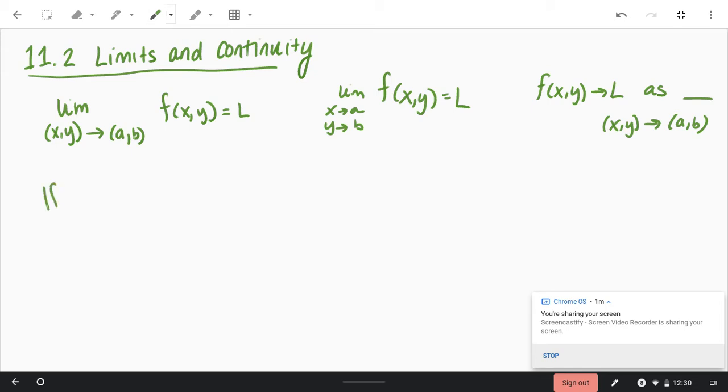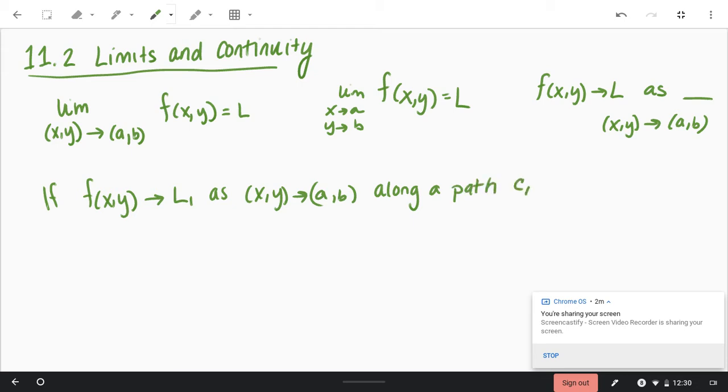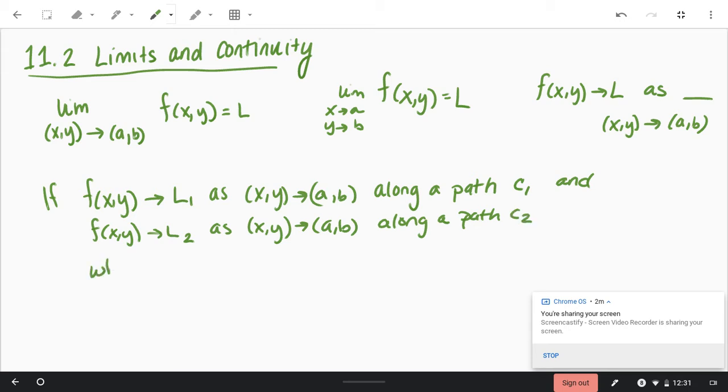If f(x,y) goes to L1 as (x,y) goes to (a,b) along a path C1, and f(x,y) goes to L2 as (x,y) goes to (a,b) along a different path, C2, where L1 does not equal L2, then your limit as (x,y) goes to (a,b) of f(x,y) does not exist.